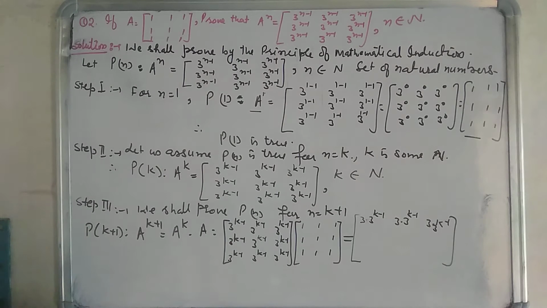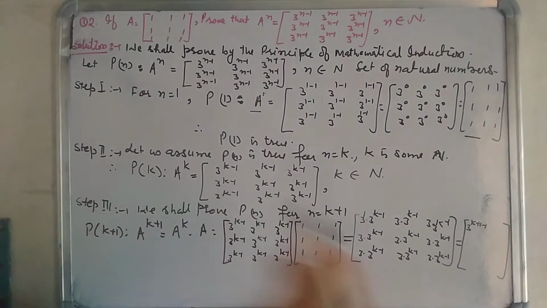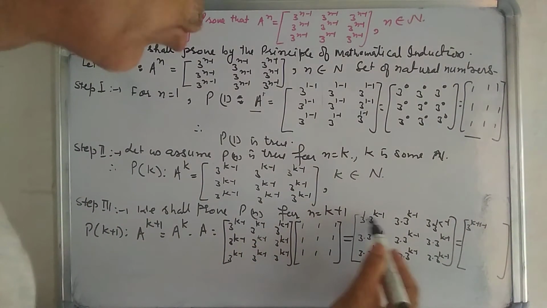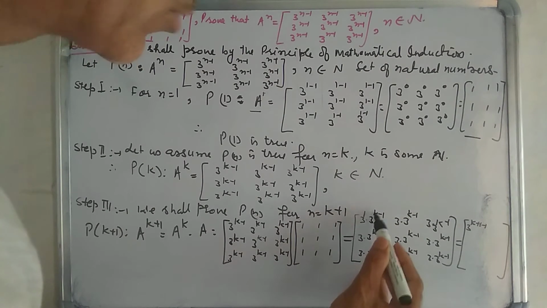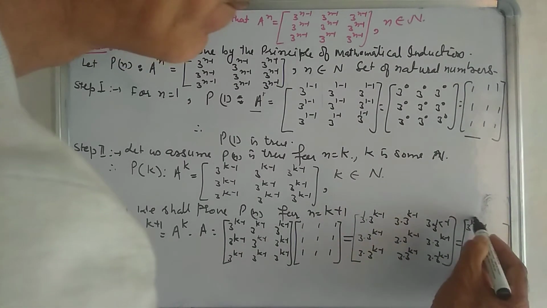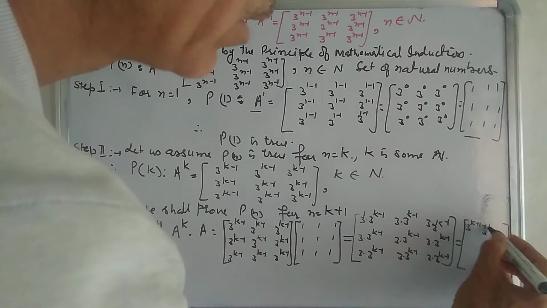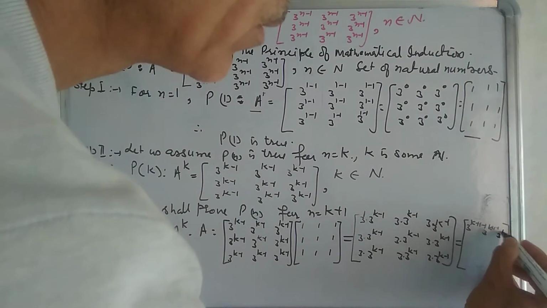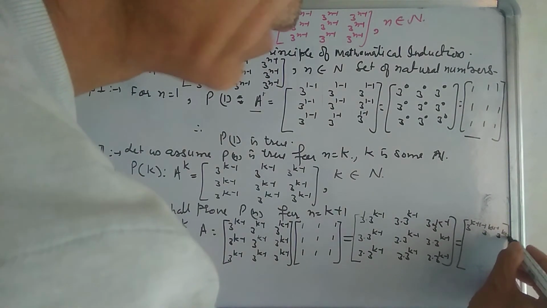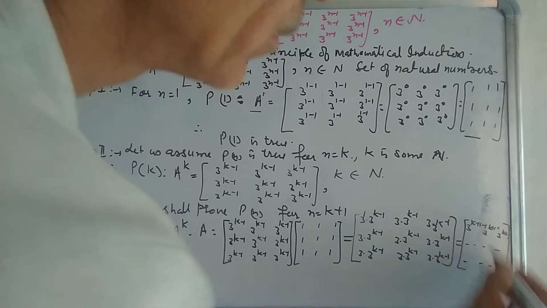Now see here, it is 3 raised to 1. So we write this term as 3 raised to k plus 1 minus 1, and so on.